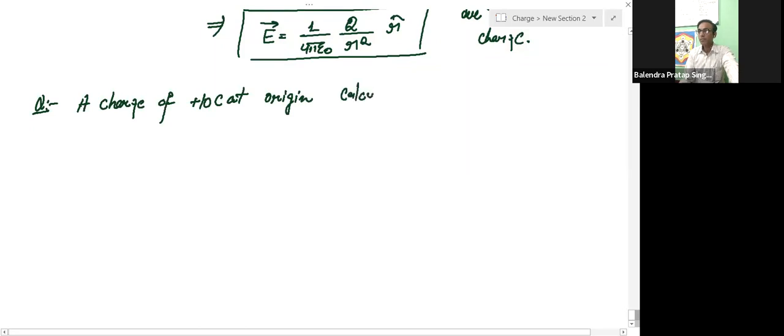Calculate the electric field at a point A, which is (3, 0, 0).